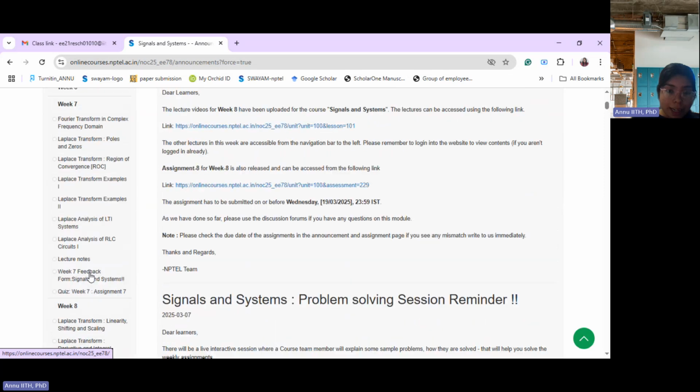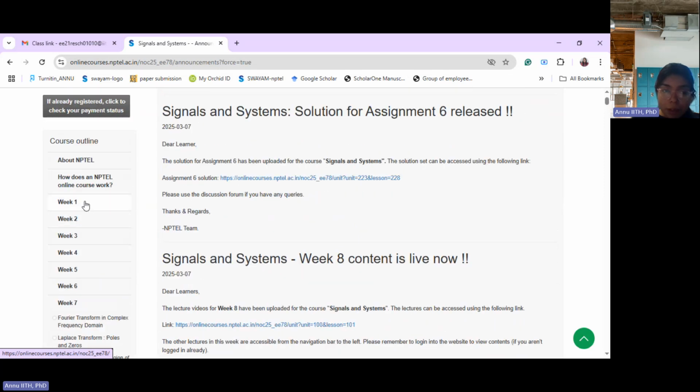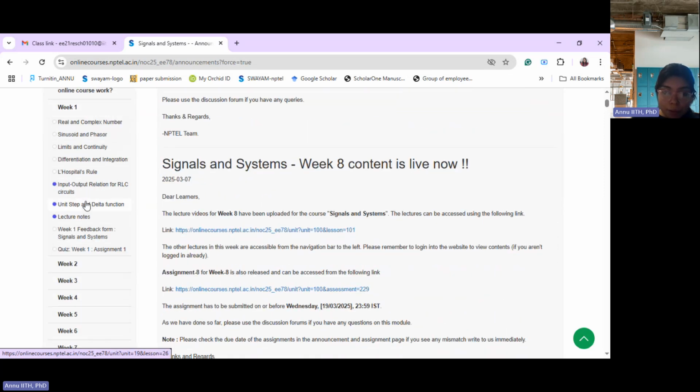But what I suggest is, if you're appearing for the exam, you should at least go through the lecture notes, even if you're not watching the sessions, and some of the questions that every TA is covering. So you'll have proper practice and you're not missing anything.